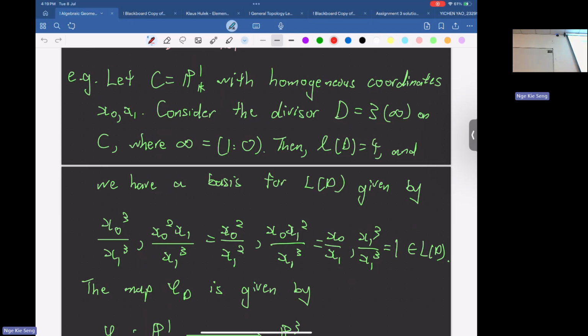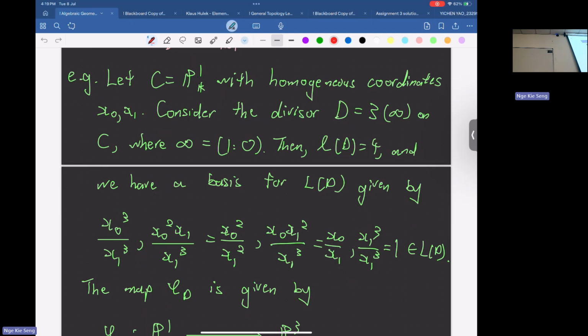So we compute here. Yesterday I didn't really show you a concrete example, so here we show you the example. What is L(D) here? D has multiplicity 3 of zero at infinity, at [1,0].